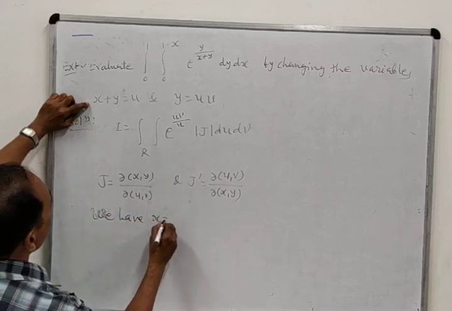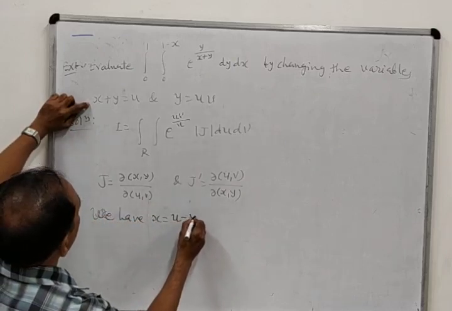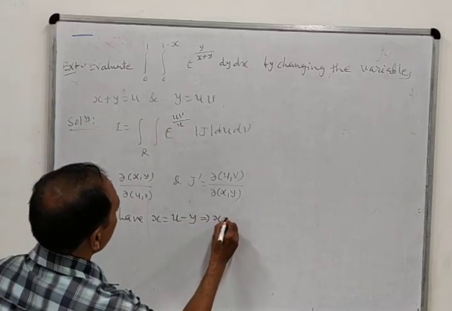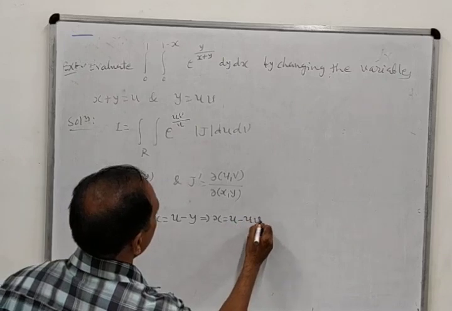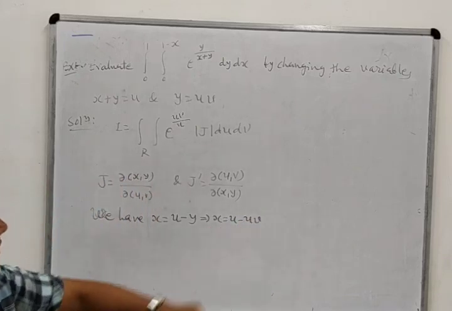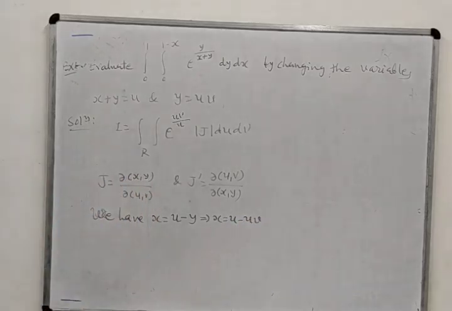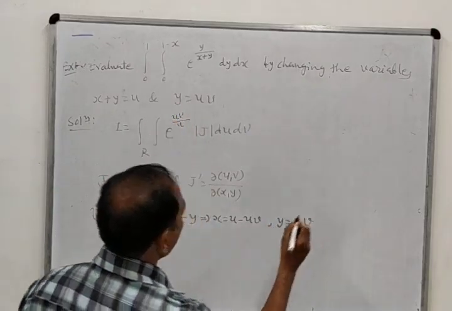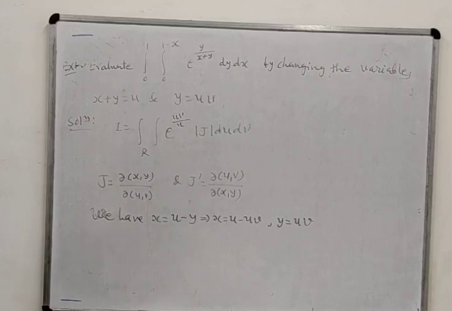Here x equal to u minus y, but y is uv. This implies that x equal to u minus uv. So you can see now x is converted completely in terms of u and v, and y is already in terms of u and v, so no need to convert. So here it is better to find J.